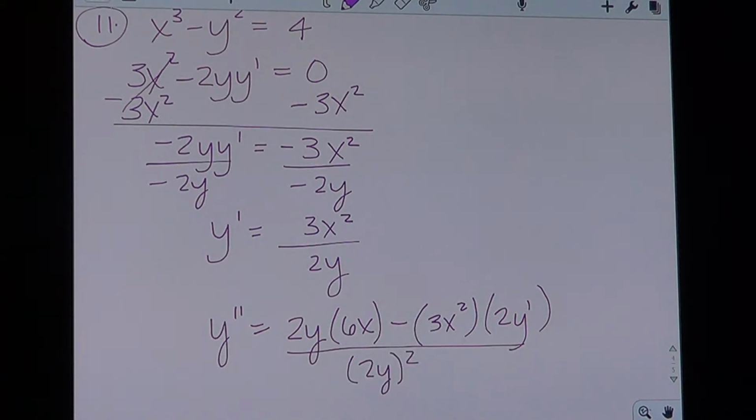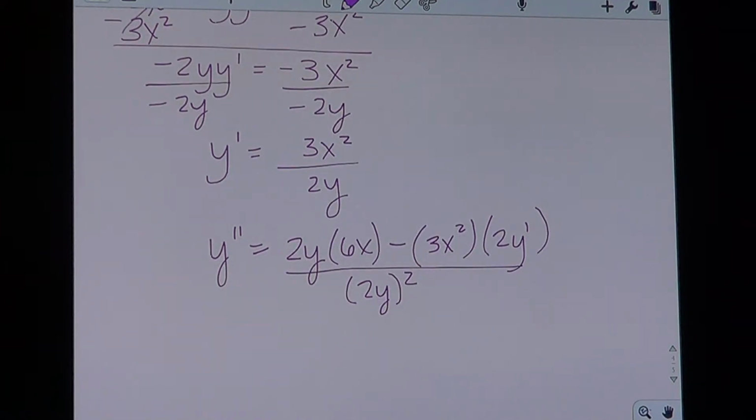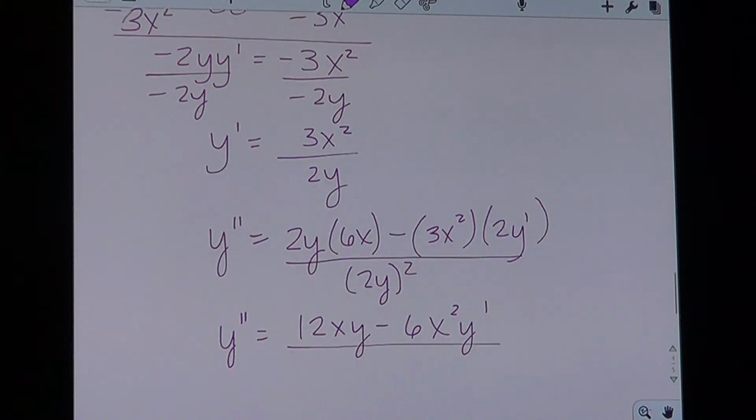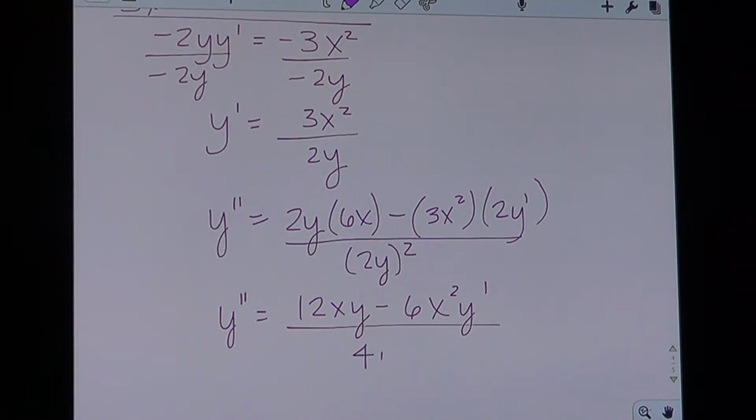Yes. Okay, so we have 12xy minus 6x squared y prime over 4y squared.